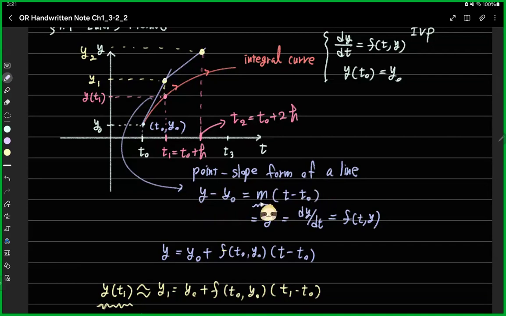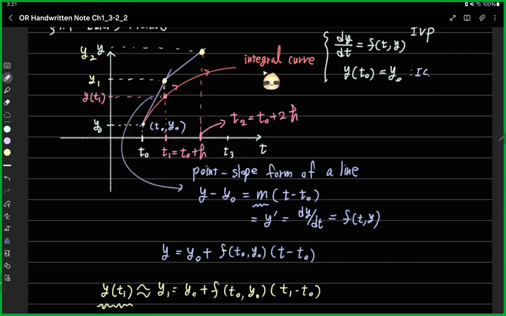But how can you find m? Because t0 and y0 are given in the initial condition, right? That's the initial condition. But how can you find m? m is what? The slope, right? Because this is a tangent line of the graph of a function, of this graph, right?